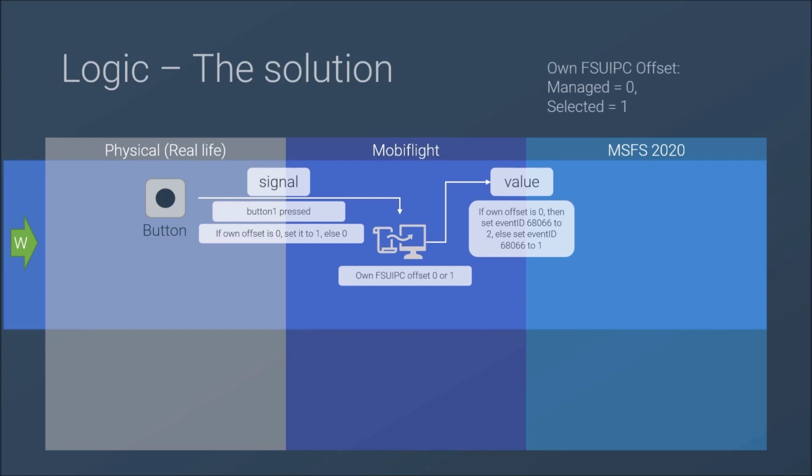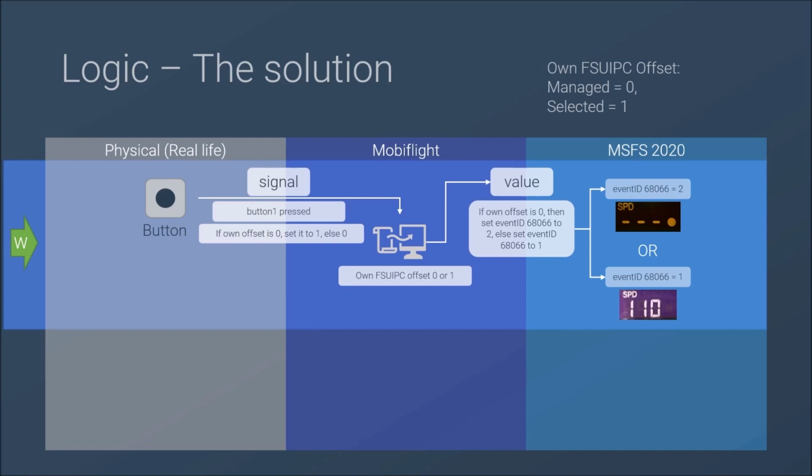So keep that in mind for a second. Okay, so back onto our road. So we sent a value to the simulator, and based on our precondition, we can now set either selected or managed mode inside the simulator.